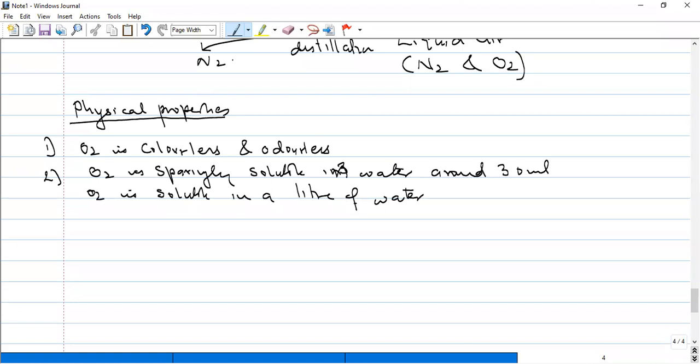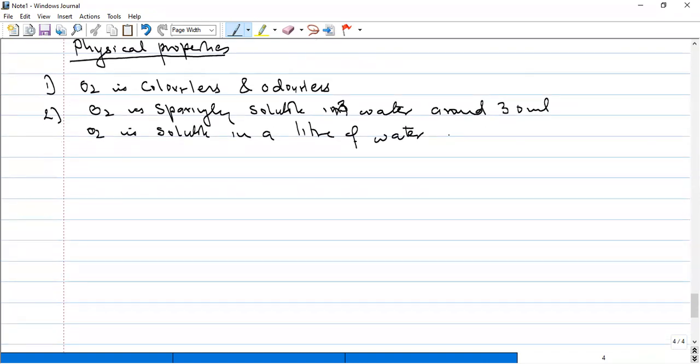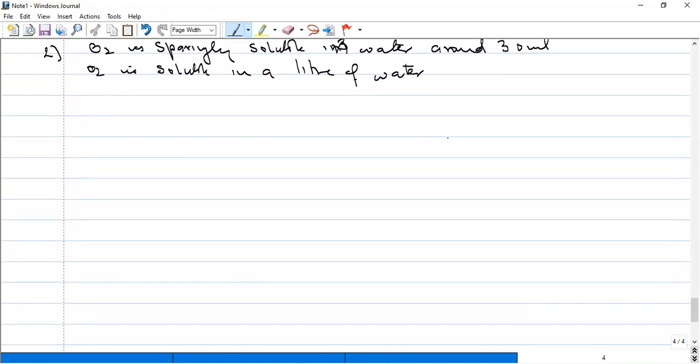If any impurities are present, the amount of oxygen is decreased. If any oil is added by accident, oxygen is reduced further. In pure form, a liter of water contains only 30 ml of oxygen.